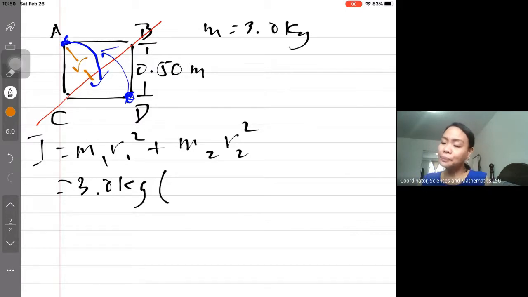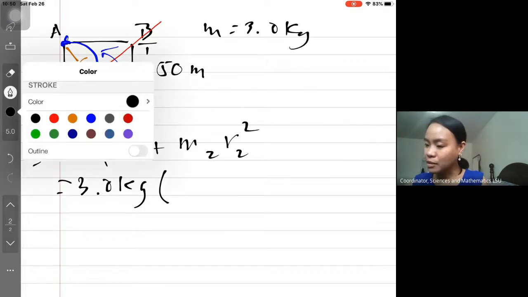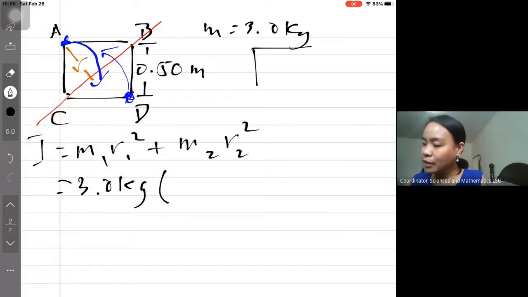We can solve that through our Pythagorean formula. So don't forget your Pythagorean formula. We are solving for our hypotenuse. Why is that so? Let us cut our square into a right triangle.